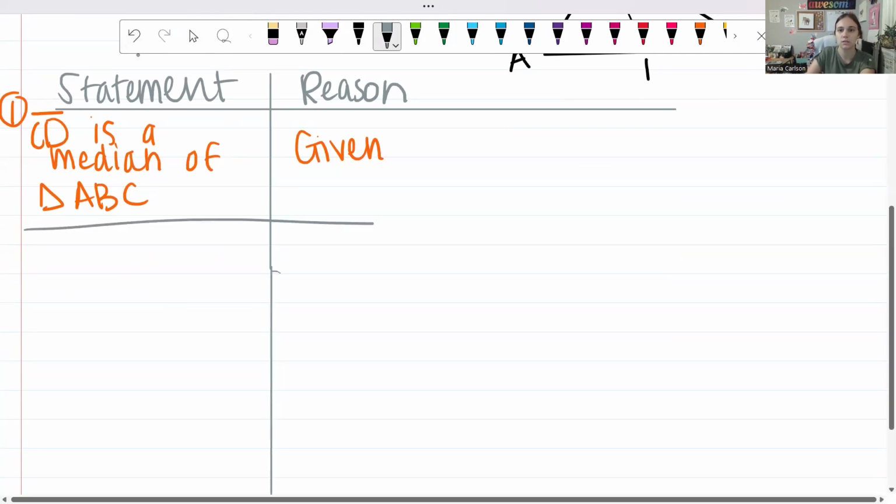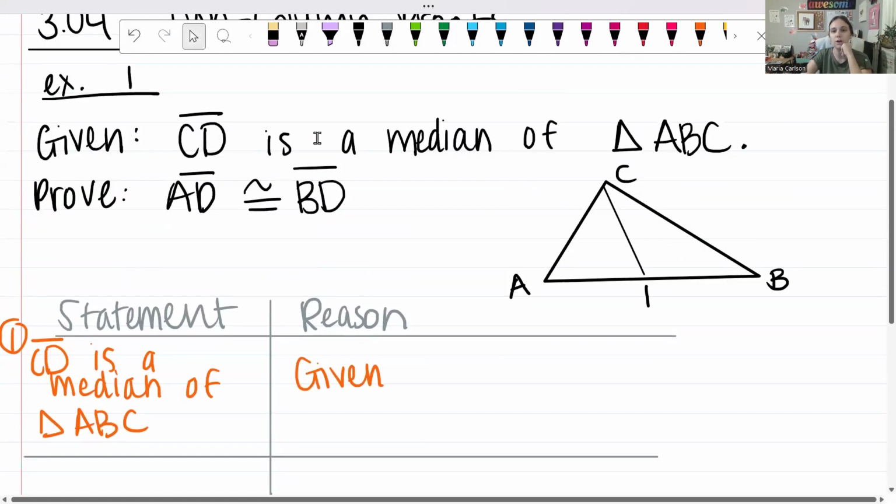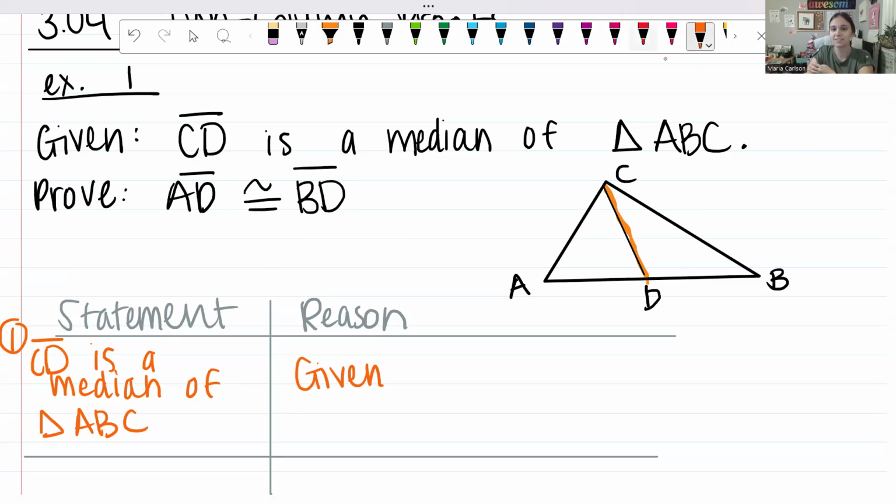All right. Now we kind of need to do a little bit more. So let's look at this triangle for a second. Segment CD is a median. And as I said, a median really divides or bisects the opposite side.